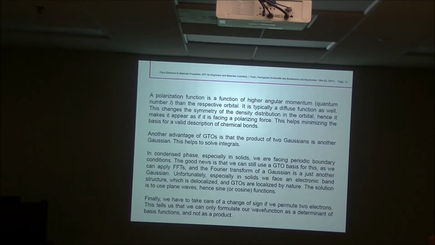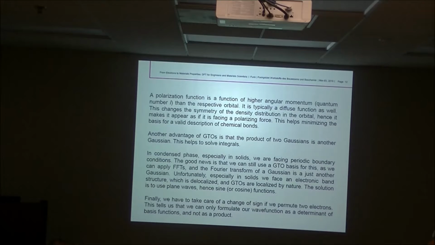Our s orbital looks like this, right? It's a sphere. Now, if we have it in something like H2O, we have more density at the oxygen than at the hydrogen, right? If we take these as they are into the computation, we need a larger basis to achieve the same effect.